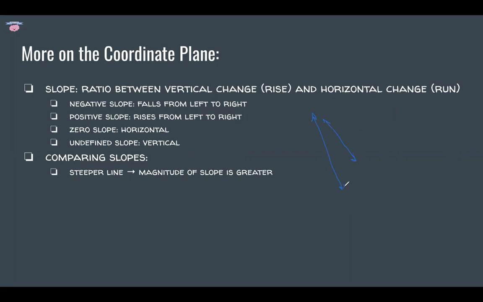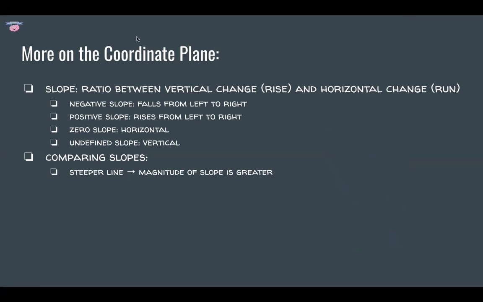Well, in this case, this is a steeper line, but let's just say this has a slope of -2, and this would have a slope of -1. So this slope is obviously greater, but what I'm saying is the magnitude of the slope, which is basically the absolute value of slope. It's basically the steepness. So this would be 2 and this would be 1. So this has a greater magnitude of slope, even though this has a greater slope itself.